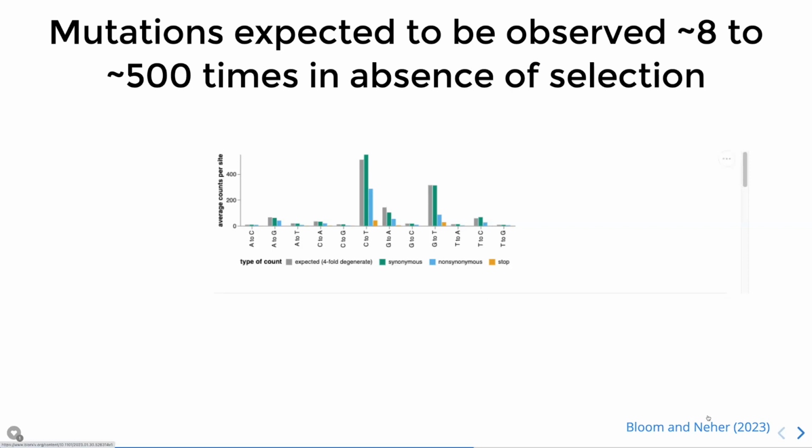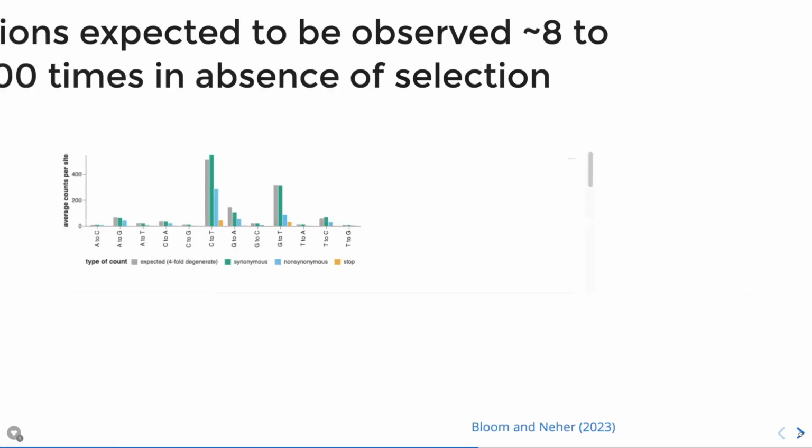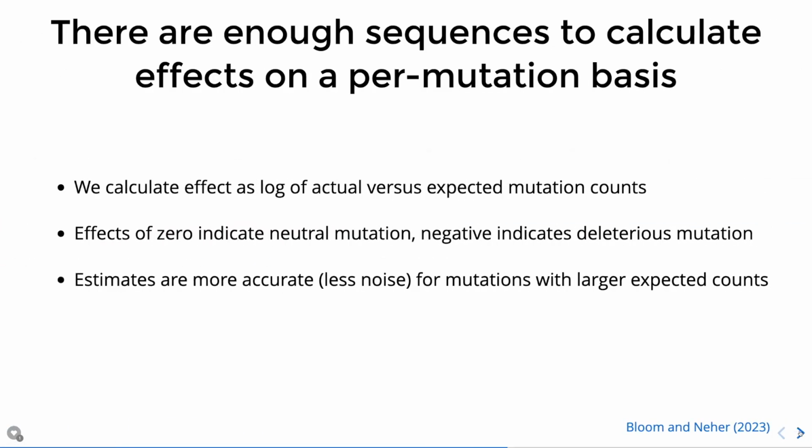Here I'm showing this calculation averaged across all the sites. But the key thing is that there are enough sequences that we can do this calculation on a per mutation basis to estimate the effect of each mutation. We calculate the effect of a mutation as the logarithm of the actual versus expected mutation counts.